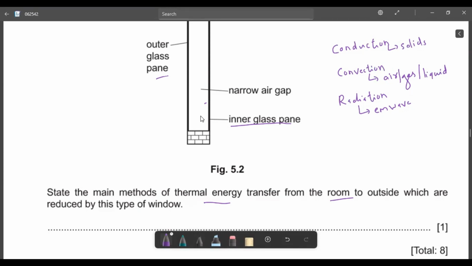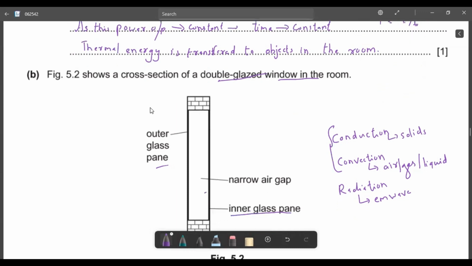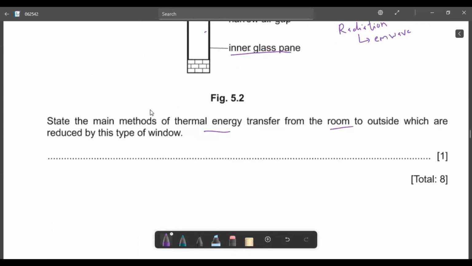As it is a double glazed window, it reduces the heat transfer. Here the heat transfer mainly occurs only through conduction and convection, through contact of the glass panes and through the air inside this narrow gap. So the answer is conduction and convection.